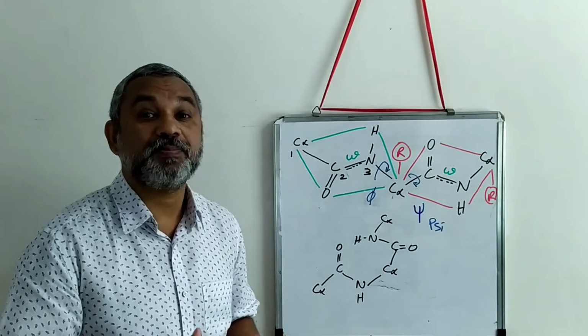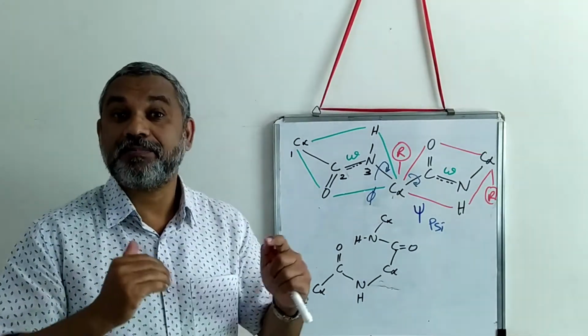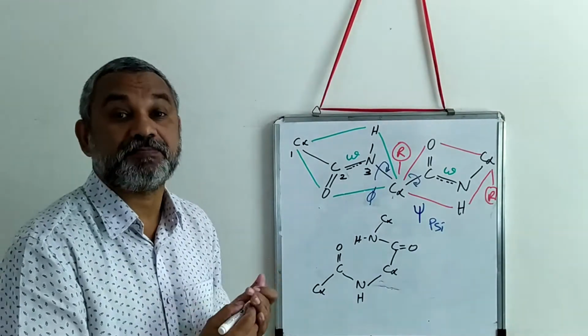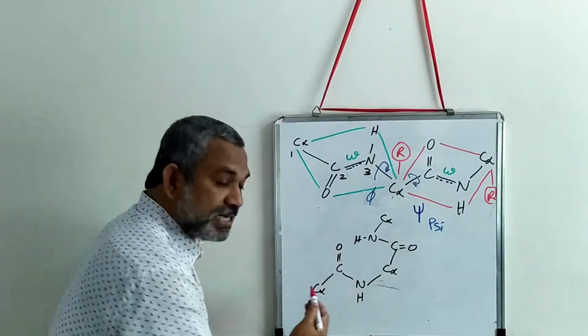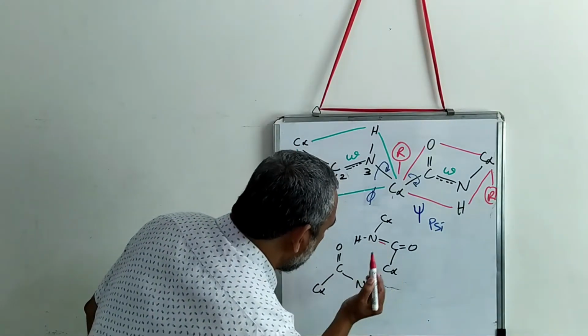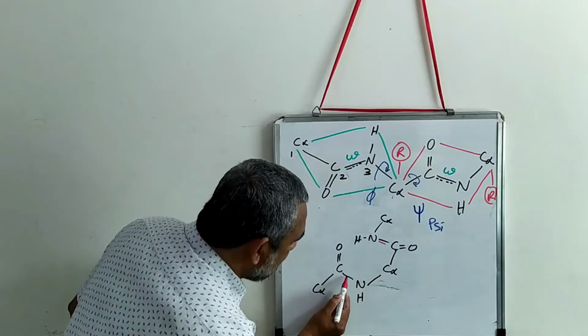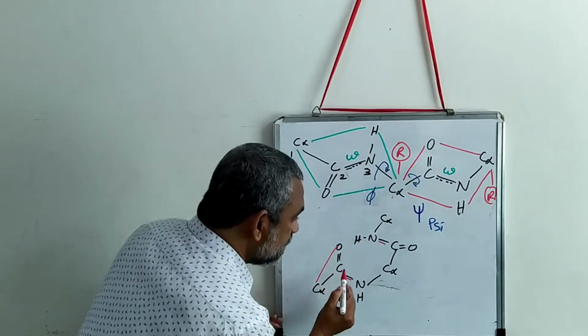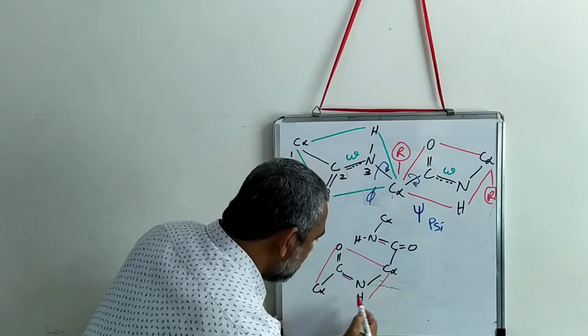The next possibility is a cis peptide bond. What happens if it is a cis peptide bond? Here we are trying to draw two peptide bonds. Here is one peptide bond and here is another peptide bond. So let us draw the plane. This is going to be one plane.